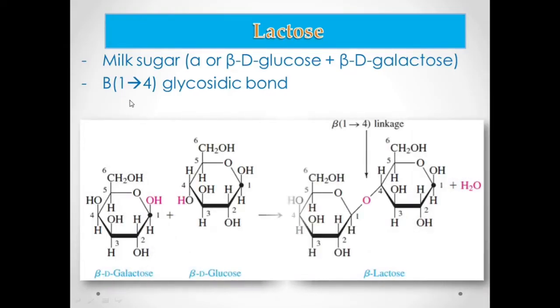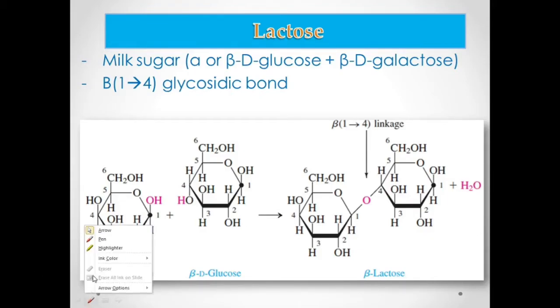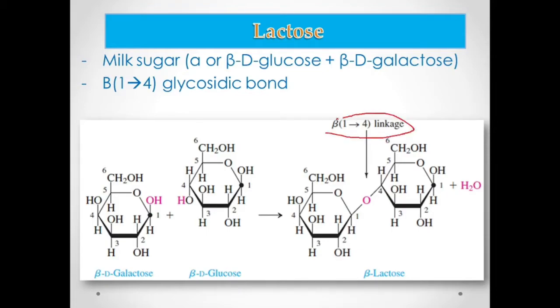As we can see on this figure, if you have beta-D-galactose here and your beta-D-glucose, linked together, you form lactose, linked by the beta 1,4 glycosidic bond.